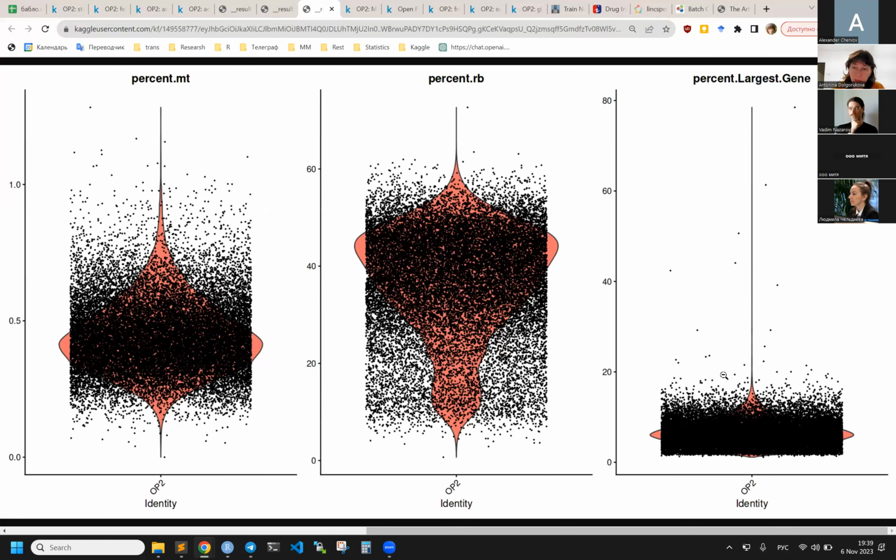So maybe we can somehow clean up the data before using it in our models or further investigations, because these few cells are very different, and there are just a few, so they will not produce any strong influence on the analysis, but maybe it's worth removing them because they are quite different.